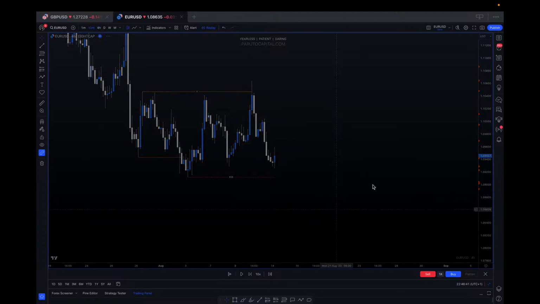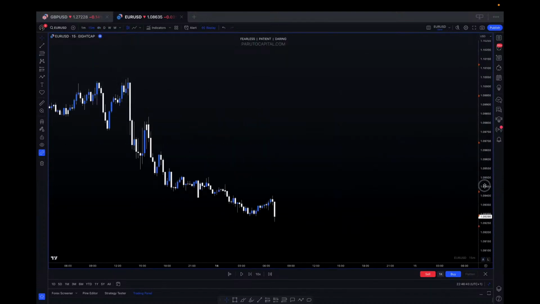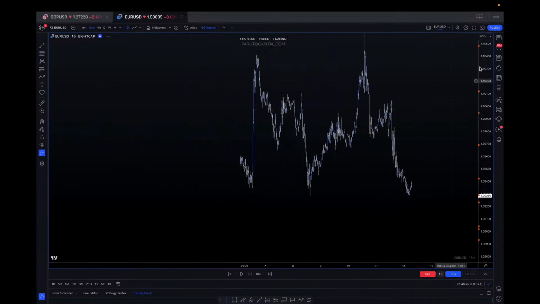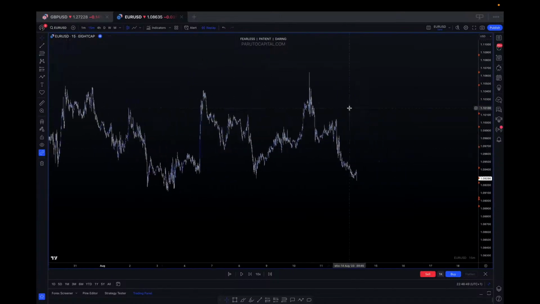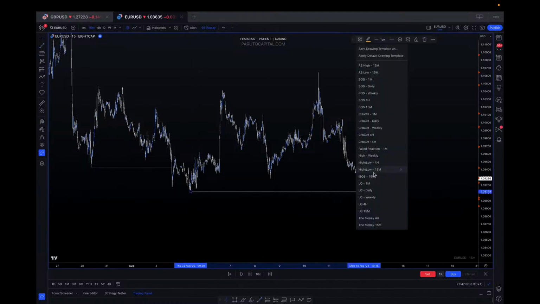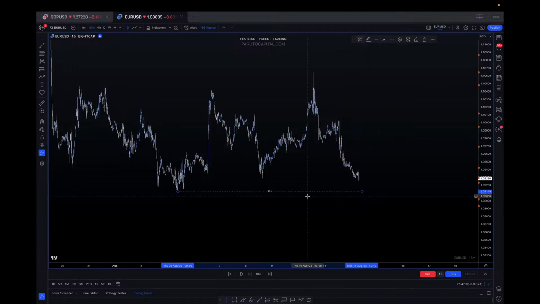So let's go down to the 15 minutes. On the 15 minutes, we also have clear structure. Let me draw this. We have the break of structure, and then this low, which we're expecting to be taken out on the 15 minutes.